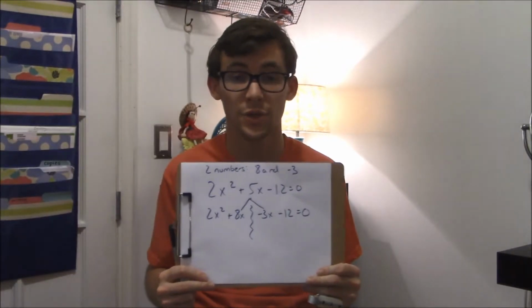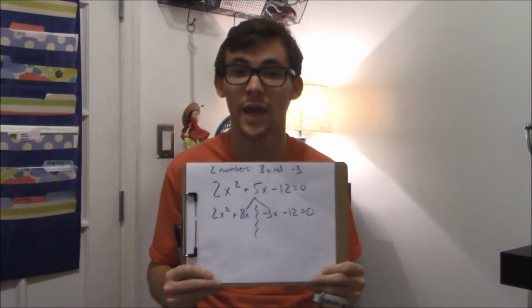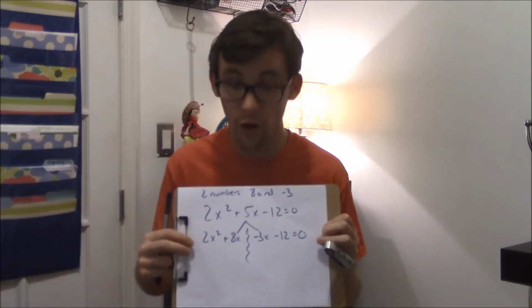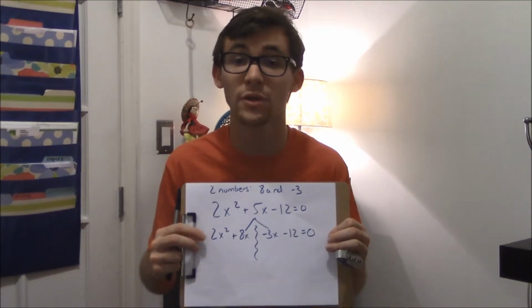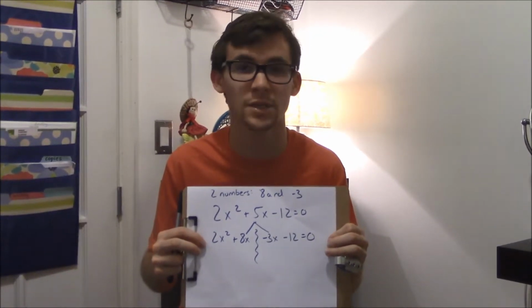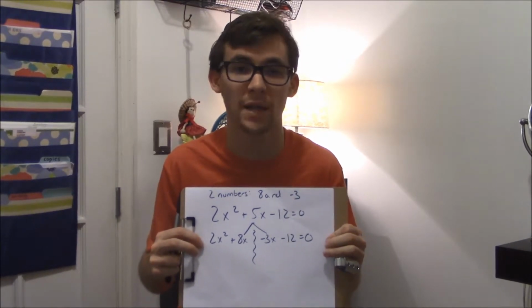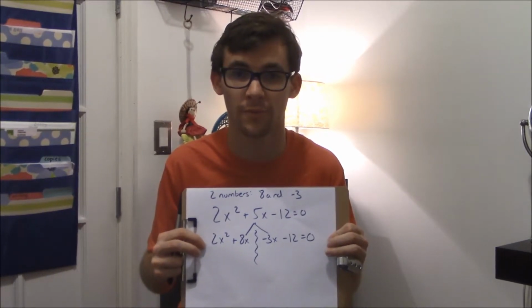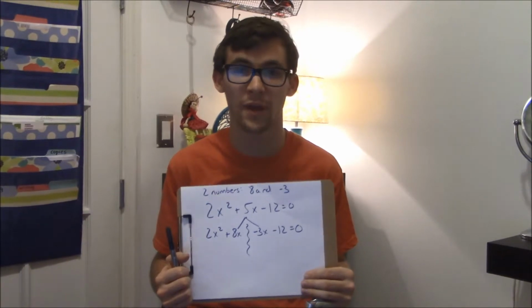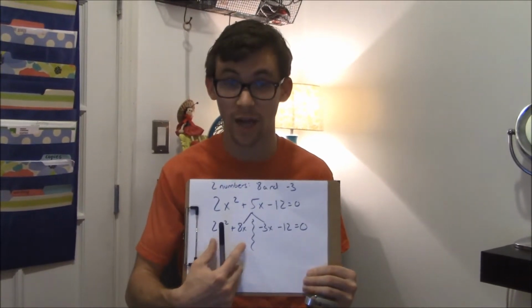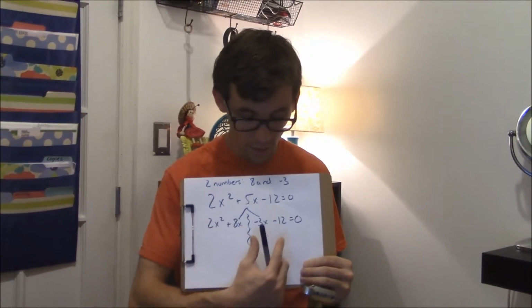In this case, our two numbers were positive 8 and negative 3. And when we rewrite our equation, we should end up with 2x squared plus 8x minus 3x minus 12 equals 0.